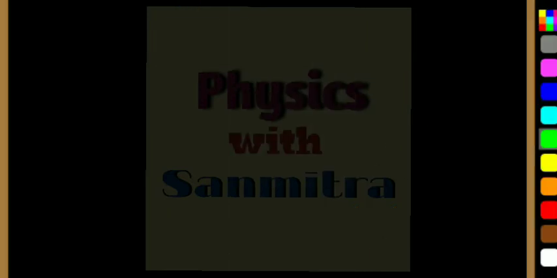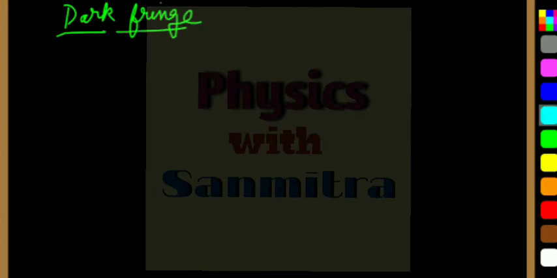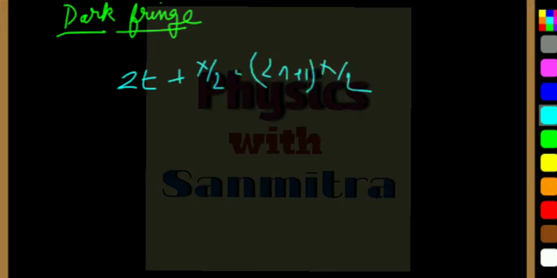Now what we had for dark fringe: 2t, that was the path difference, plus lambda by 2 was 2n plus 1 lambda by 2, and we had 2t is equal to n lambda.